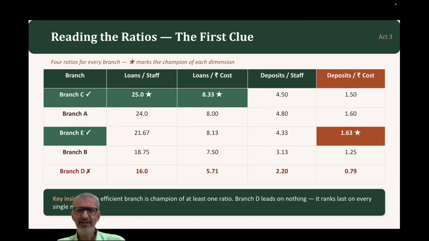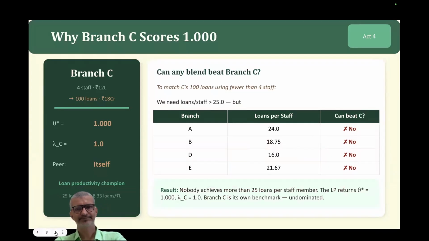Similarly, branch E has the deposits per unit of cost at 1.63, which is the highest. So we can consider branch C and branch E as very, very good or as being efficient, right? Whereas other branches, if you look at branch D, it is the lowest in all the cases, as of now.